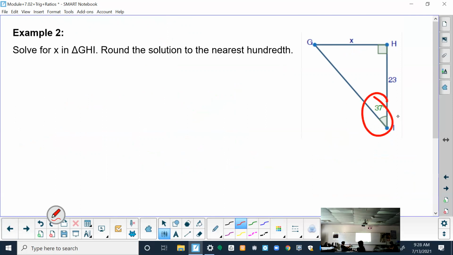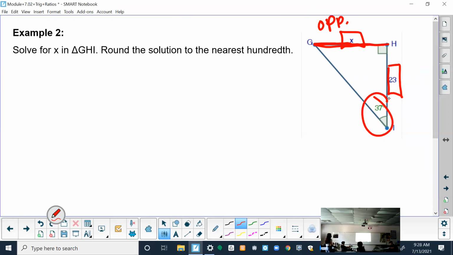So we're going to look from the perspective of angle I. What are these two other sides that are labeled in comparison to angle I? Are they opposite, hypotenuse, adjacent? So what's side GH going to be? Opposite, good. Directly across from the angle, so that's the opposite side.